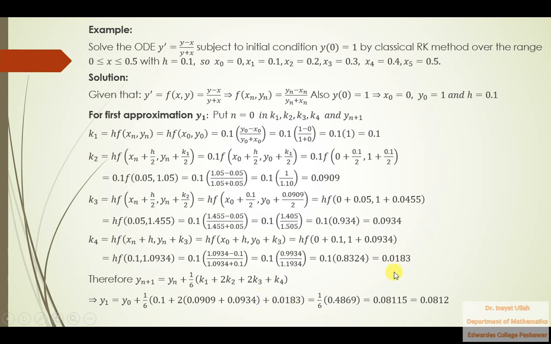This is k4 from here. Calculating this sum, we will get y1 is equal to 0.0812.